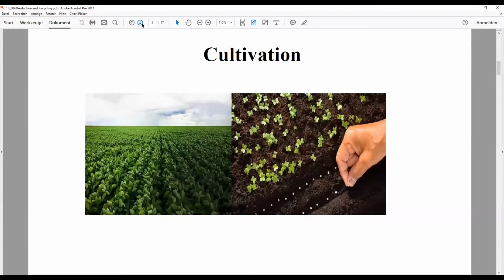Cultivation. What is cultivation, and why do we need it? Cultivation is the act of growing something or improving its growth, especially crops.